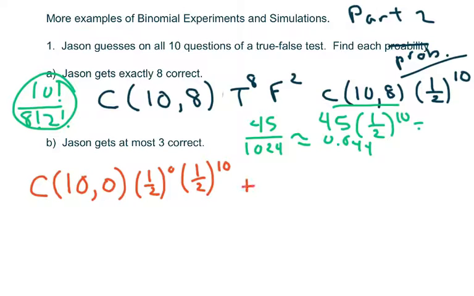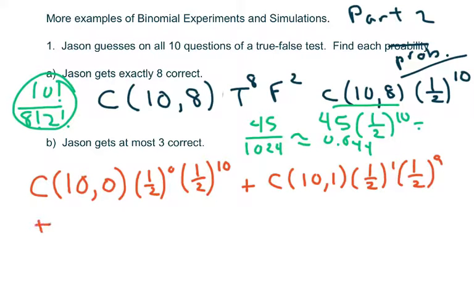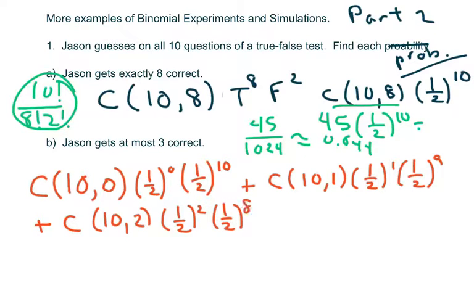Or he gets 1 correct. What is it? 1/2, 1/2 to the 9. Or he gets 2 correct. Remember, these two numbers here should always add up to 10. And that comes from the binomial theorem.